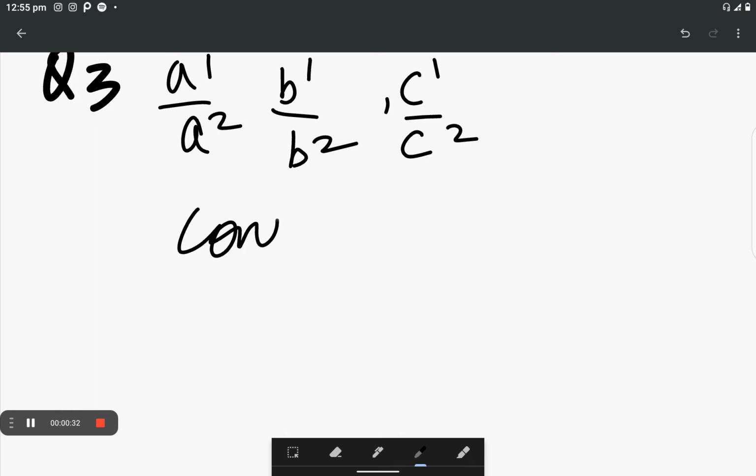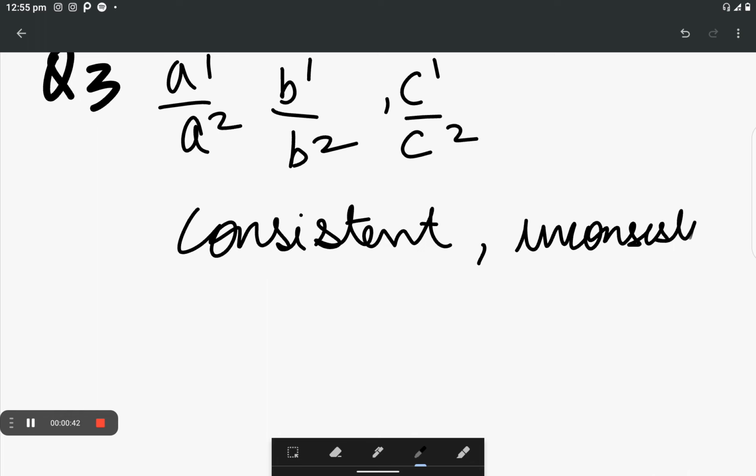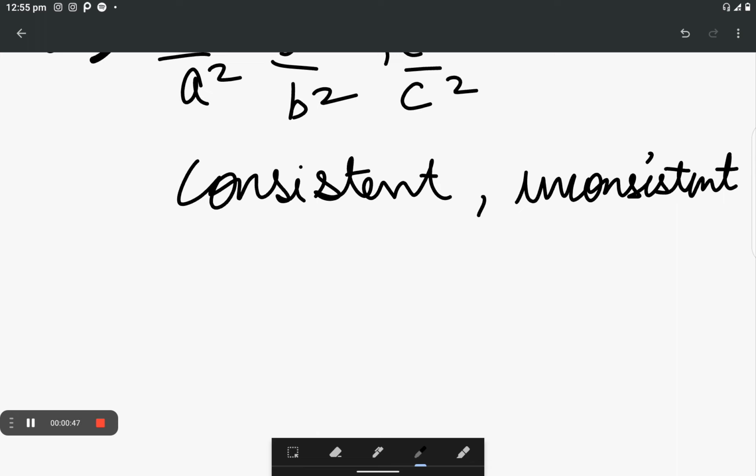So let's first understand the meaning of consistent and inconsistent. A pair of linear equations is said to be consistent when it has at least one solution.